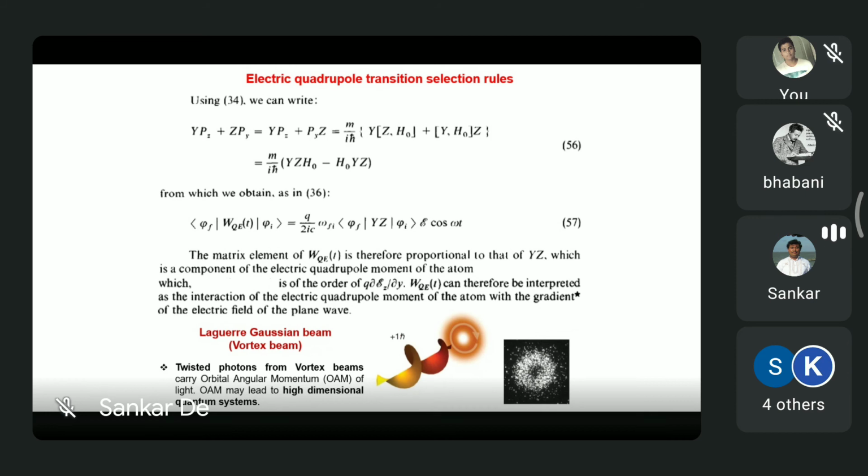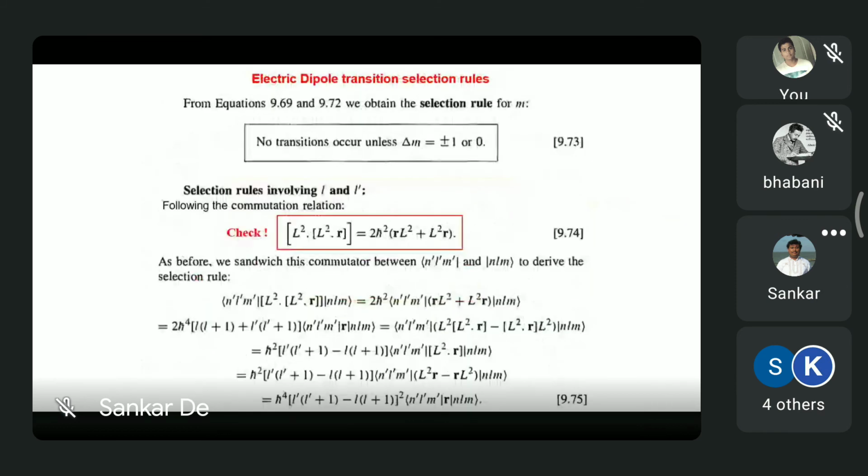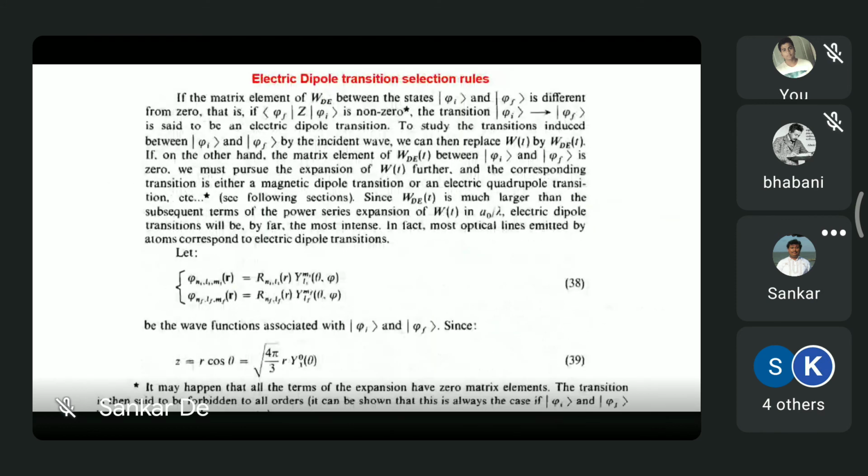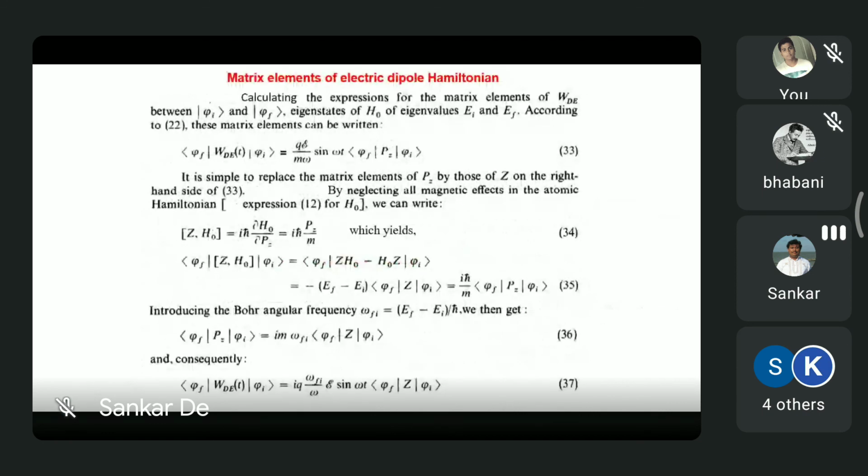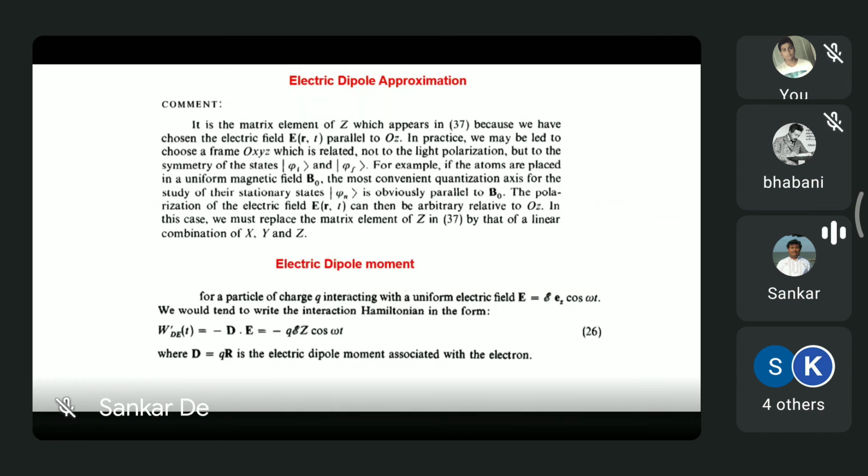So what is equation 36? Let us go back and see. Yes, this actually uses equation 36. What it uses is that if you want to find the matrix element of PZ, we did the entire thing as we did for the electric dipole.